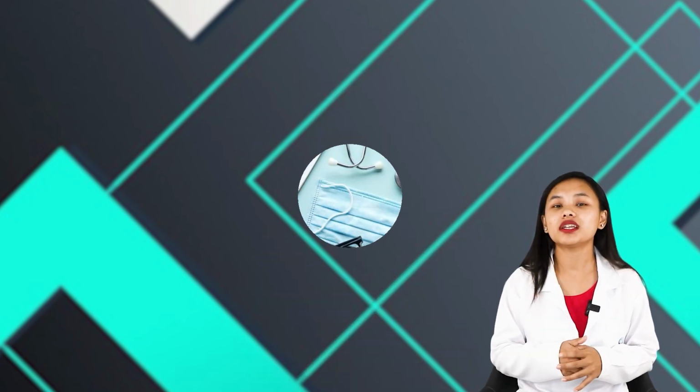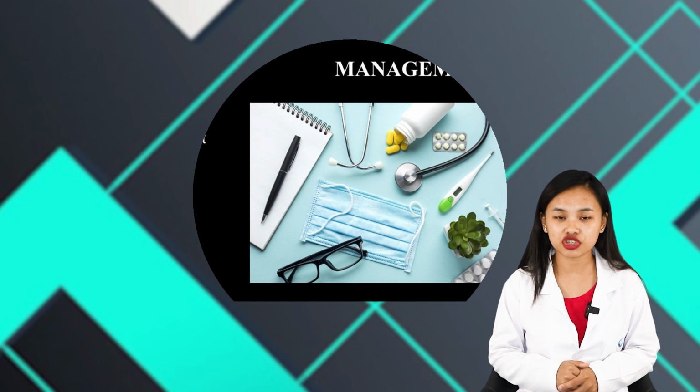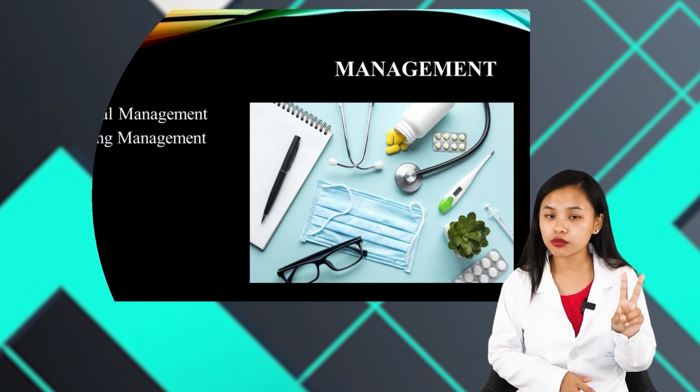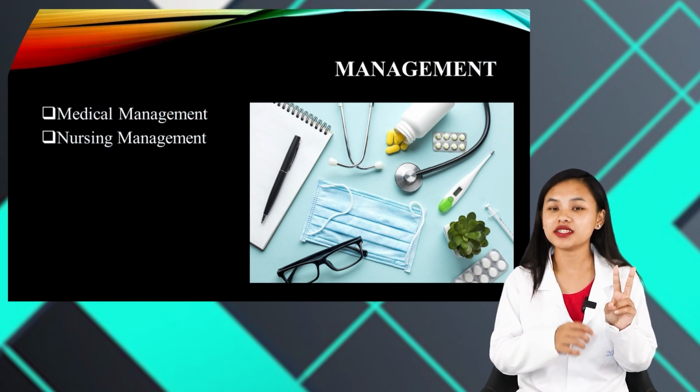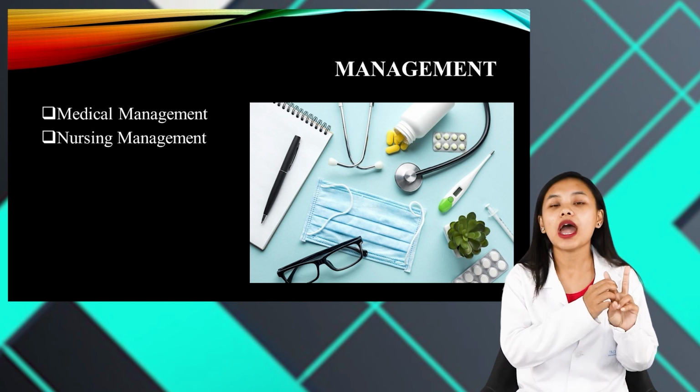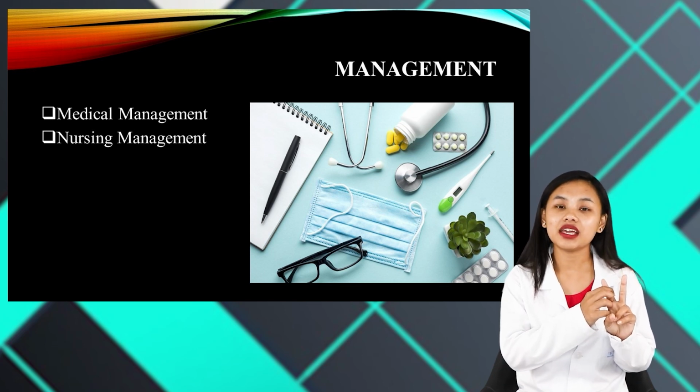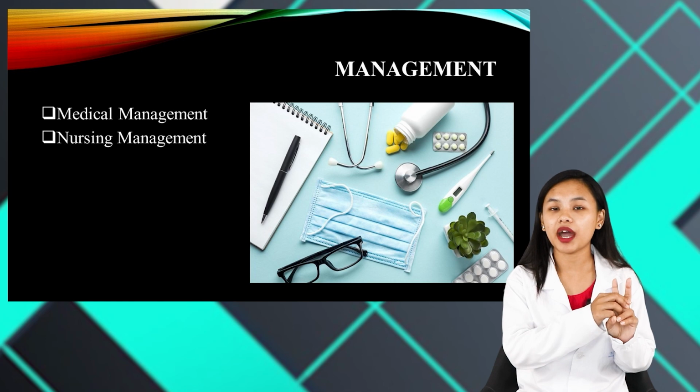Since we have discussed the causes as well as the signs and symptoms, now let us move on to the management. Here there are two types of management: the first is the medical management and the second is the nursing management.